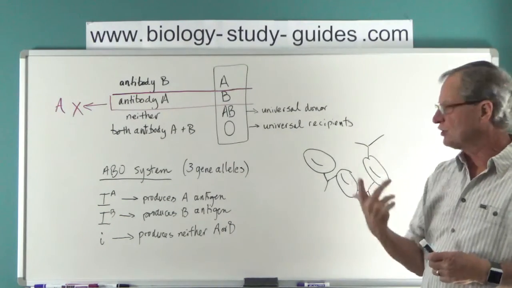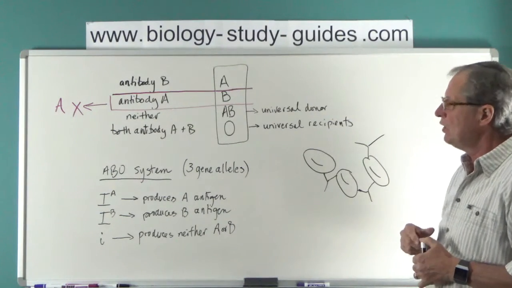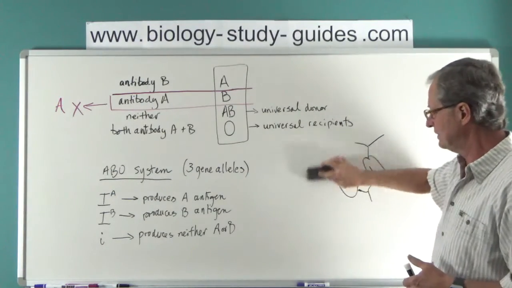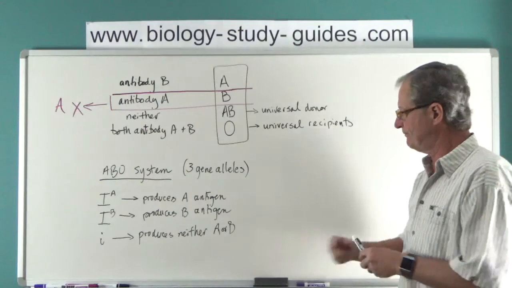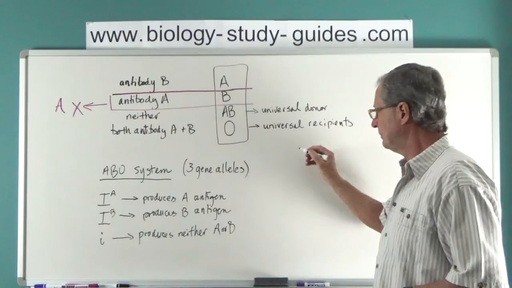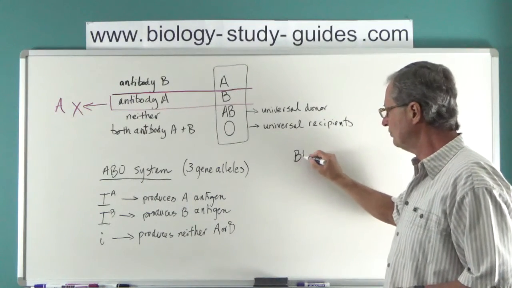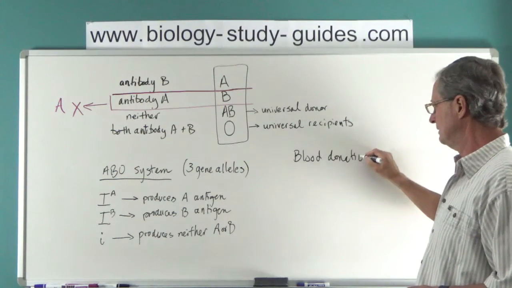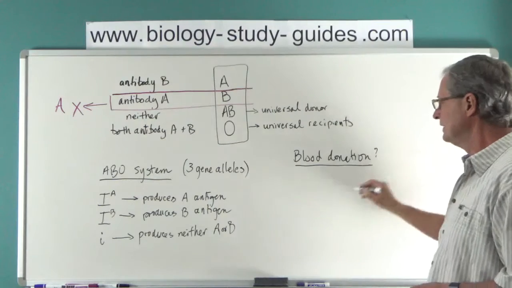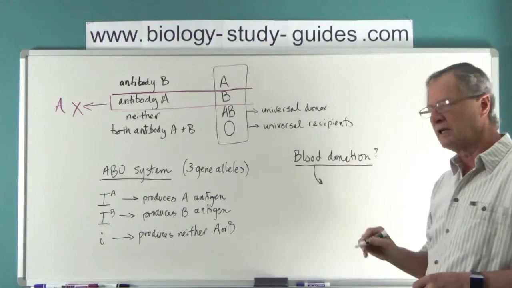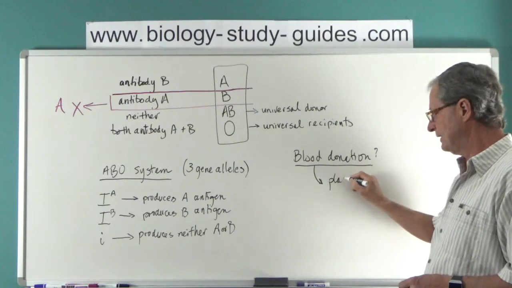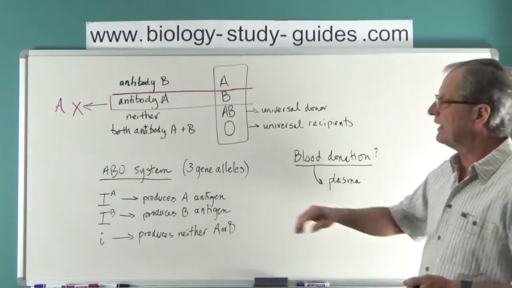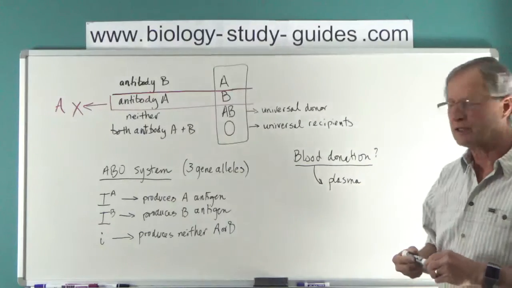The other part of this story has to relate to what's actually in the blood that's being donated. What is a blood donation? It's possible that plasma is being donated. So if it's the plasma that's being donated, this antibody story is critically important.